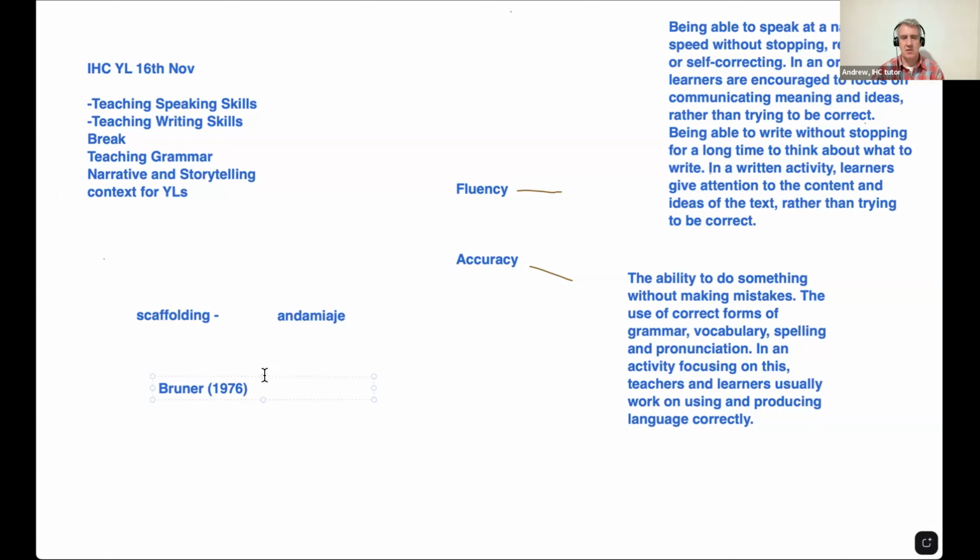And he takes it from the social constructivist theory of learning, which comes from Vygotsky. He was a Russian psychologist at the beginning of the 20th century.